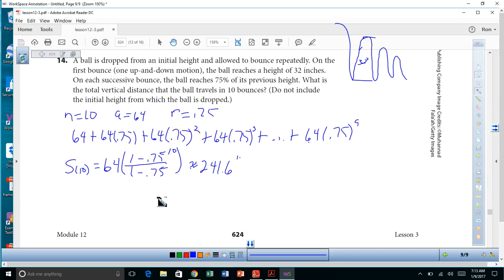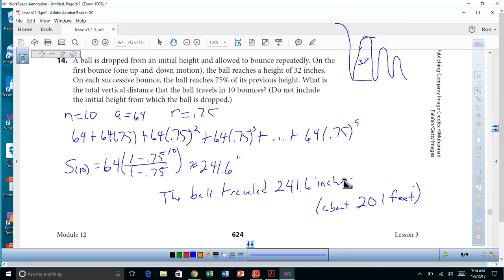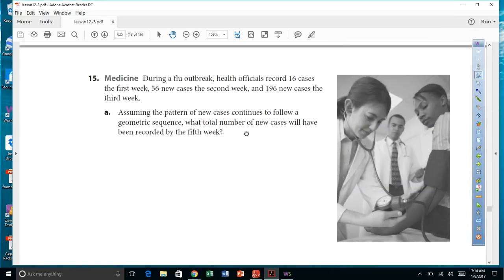So the ball traveled 241.6 inches in its 10 bounces, which is about 20.1 feet. All right, not too bad.